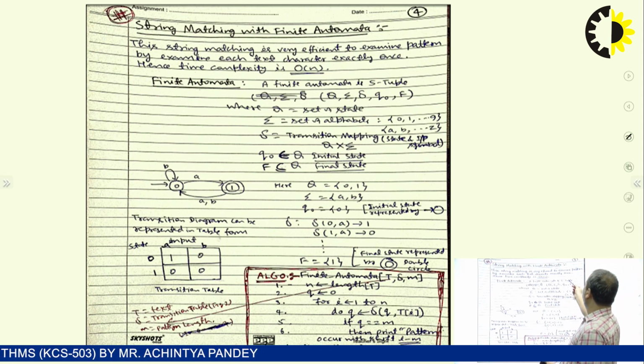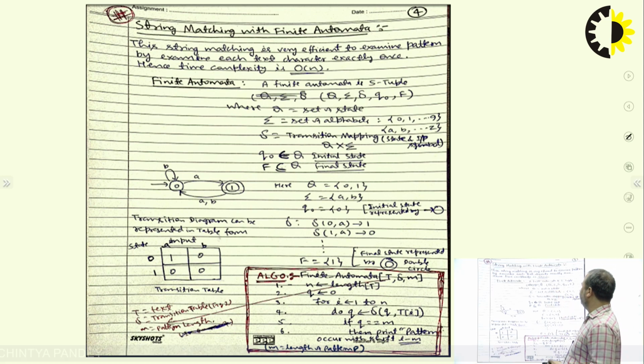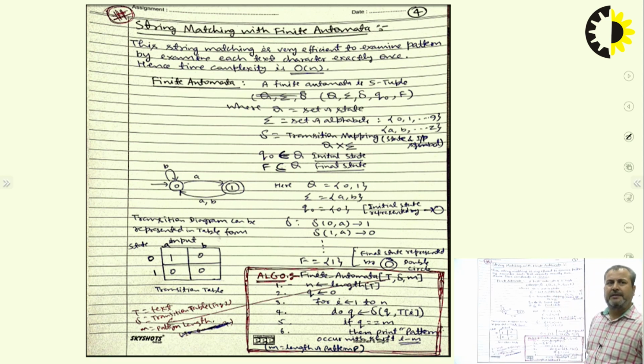So what is a finite automata? A 5-tuple, like Q, sigma, delta, q naught, F, where Q is the set of states, sigma is the set of alphabets. Delta is the transition mapping from Q and sigma, state and symbol. Q naught is the initial state and F is the final state.